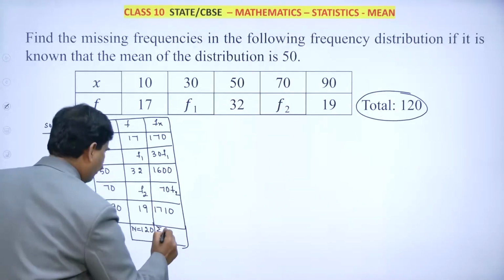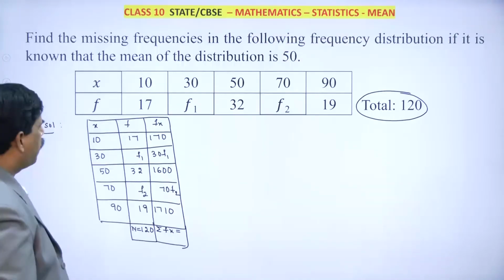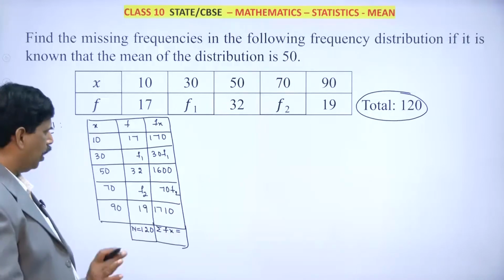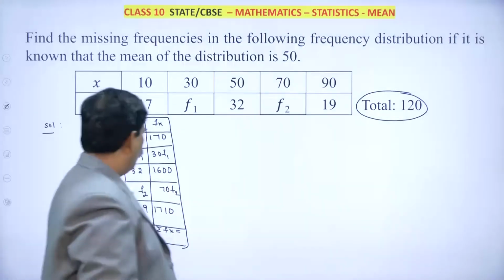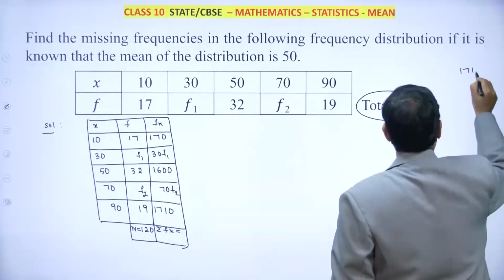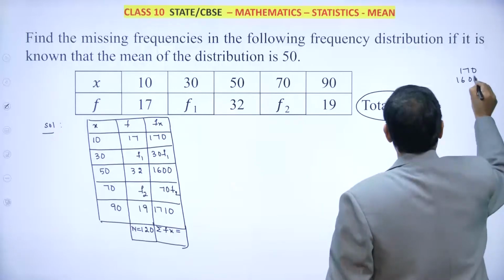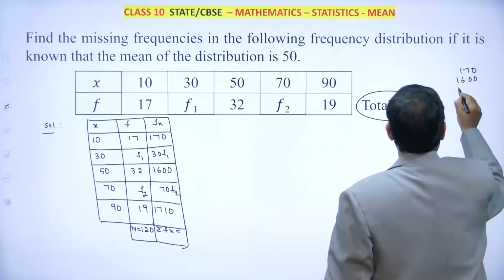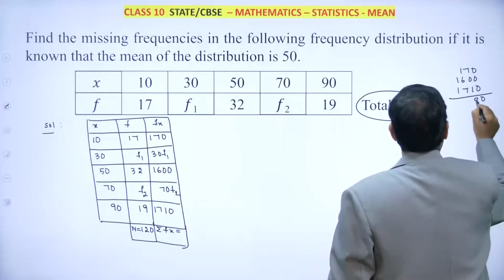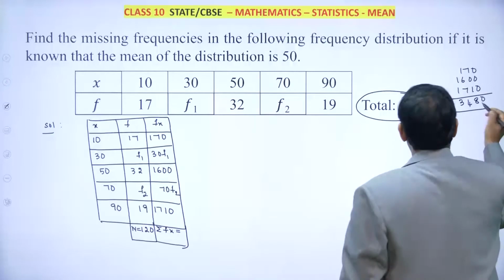This is sigma fx. Let us see how much is this. Leave those two, children, 30 f1 and 70 f2, you leave them. So what else do you have? You have 170, 1600 and 1710. You add now. 0, 7 plus 1 is 8, 7 7 14, 1. So 3480.